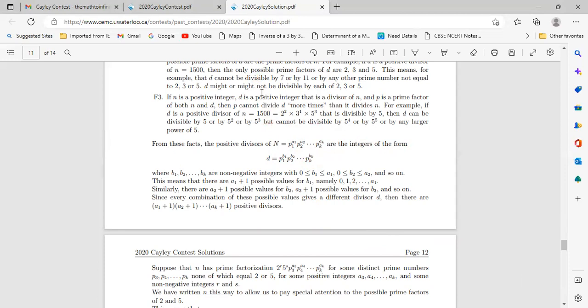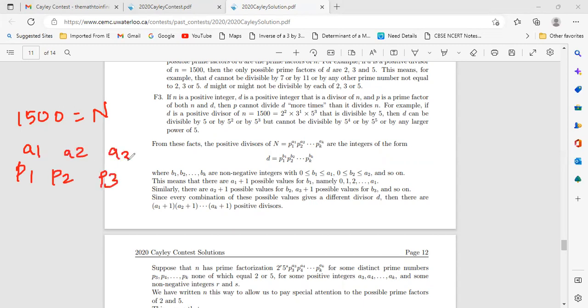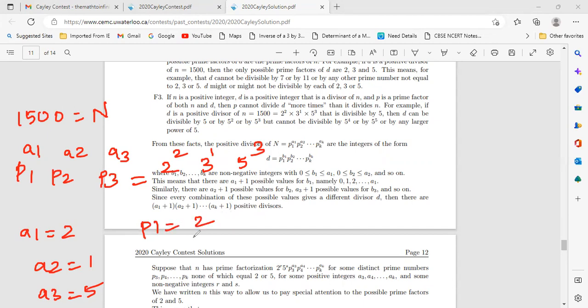For example, if you consider 1500 as capital N, P1 power A1, P2 power A2, P3 power A3 is 2 raised to the power 2, 3 raised to the power 1, and 5 raised to the power 3.